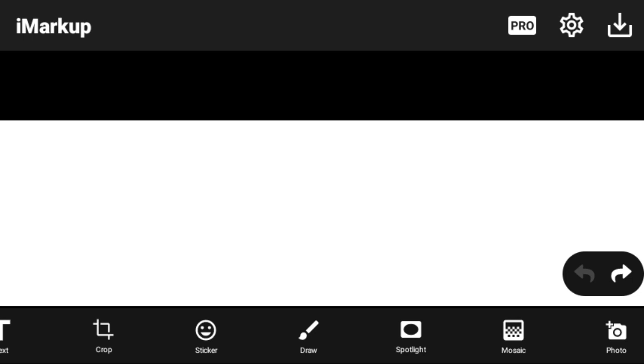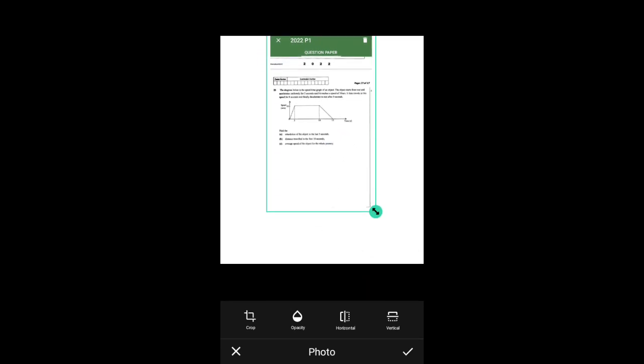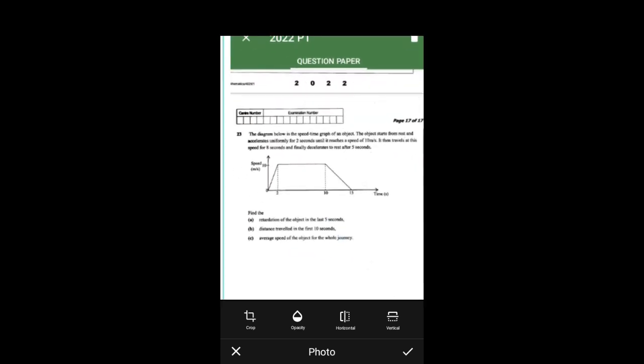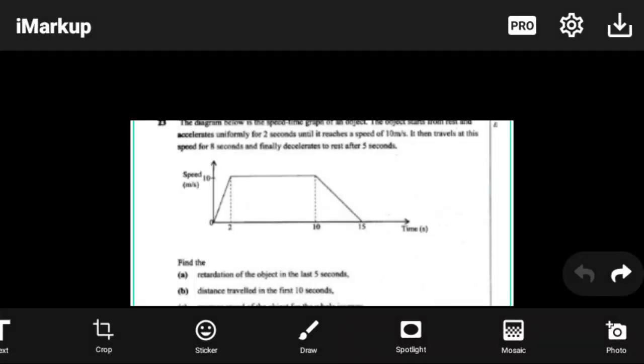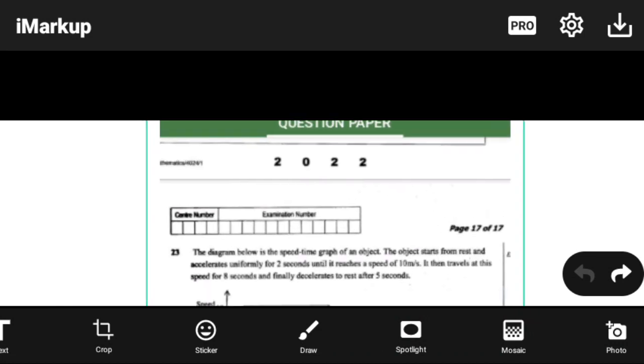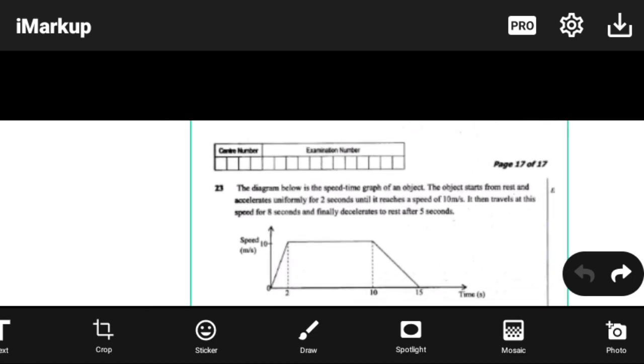So allow me to rotate my computer like that, then I show you the question. So this was the question. The question is saying the diagram below is the speed time graph of an object.